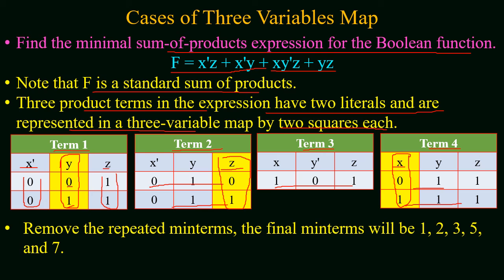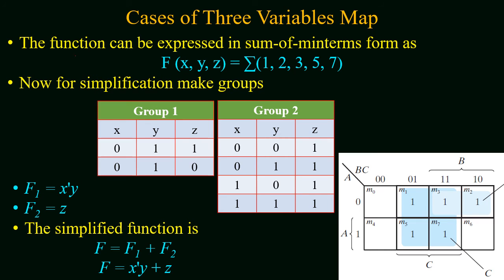Now we have all the possible minterms in the map, so we will combine them and remove the repeated ones. So the minterms are 1, 2, 3, 5 and 7. Now the given function can be expressed in the sum of minterm form.